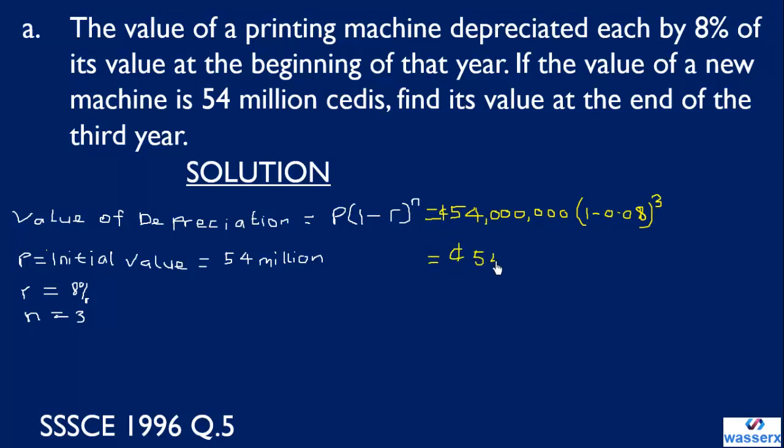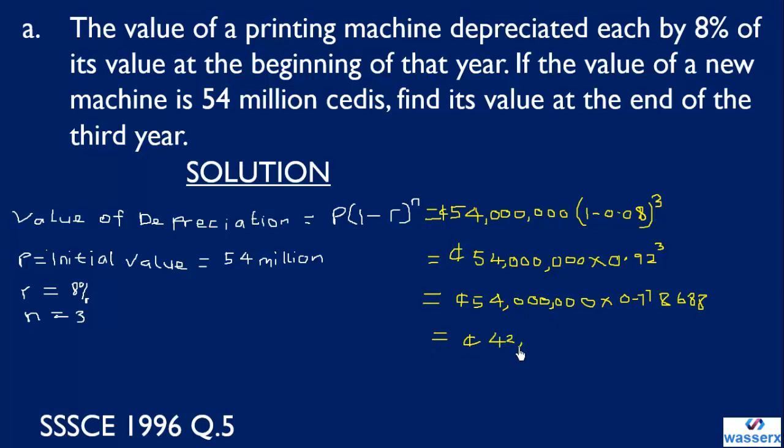So we simplify by evaluating to obtain 54 million times 0.92 cube. 0.92 cube gives us 0.778688, and we simplify this to obtain 42,049,152. So this gives the same value as before.